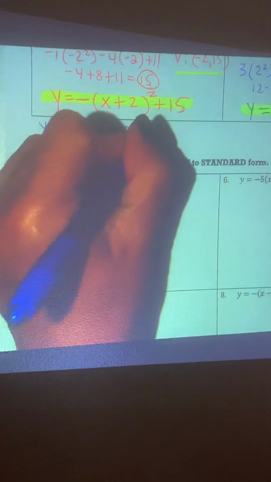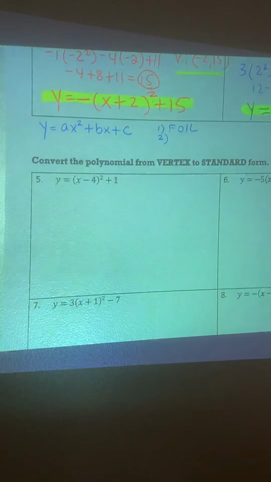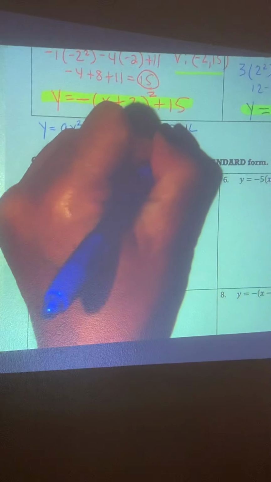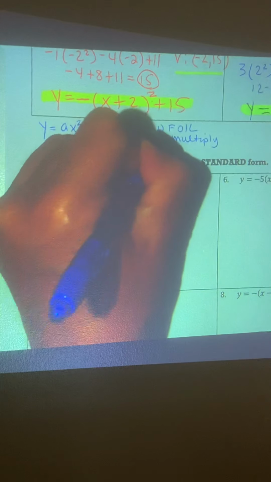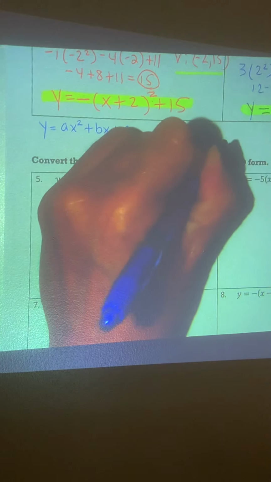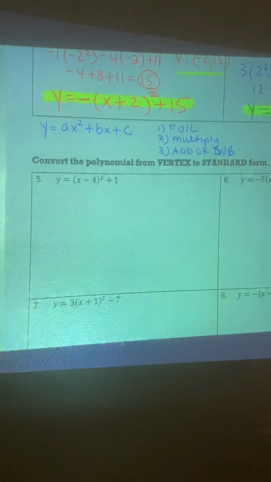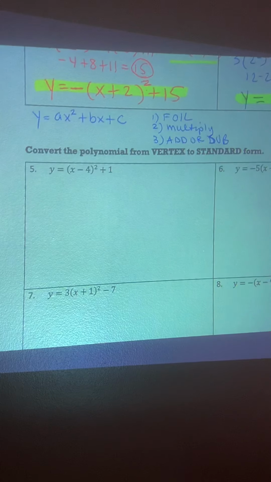First thing we need to do is FOIL. Second thing we need to do is, after we FOIL, multiply. And then add or subtract. Those are my steps.